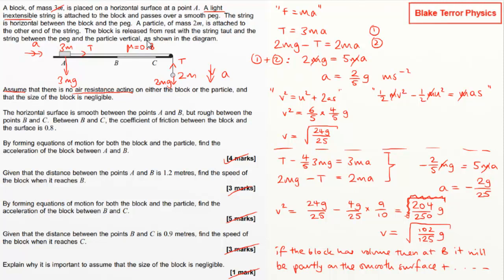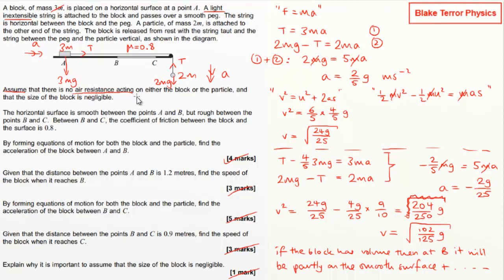The string is horizontal, so we can treat the force as moving in one horizontal plane across the table, and it's hanging vertically on the other side of the peg. So again, we're in that same plane. We've got motion in one dimension and then combined for the two objects in a single plane. All of these assumptions are really important.